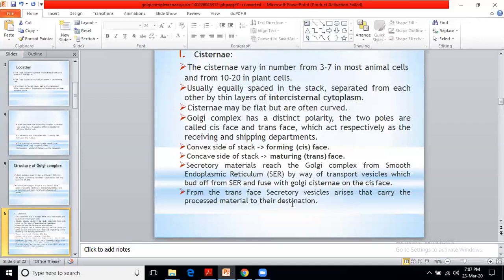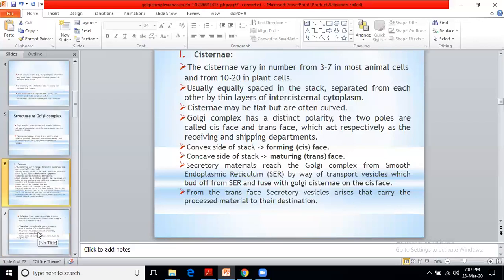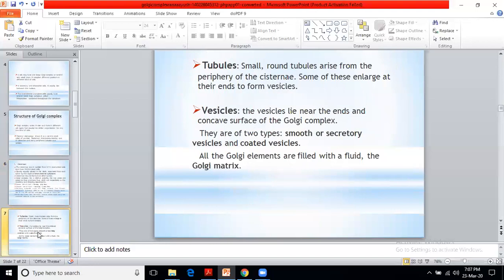Now, the second component, that is tubules. Tubules are small round tubules that arise from the periphery of the cisternae.